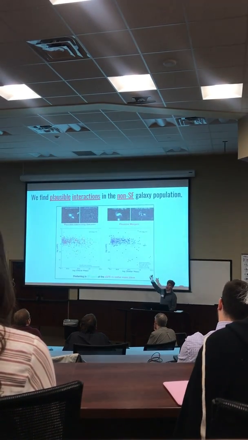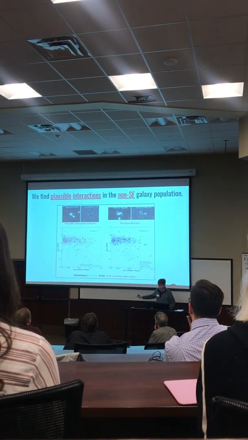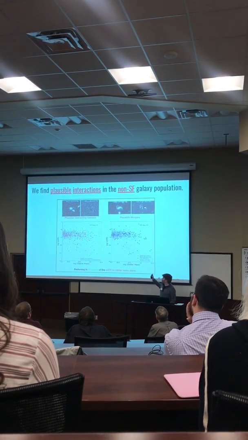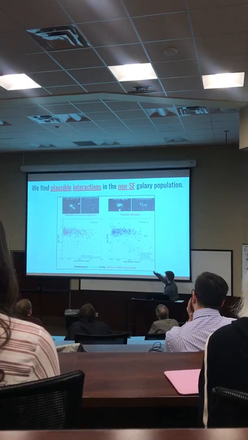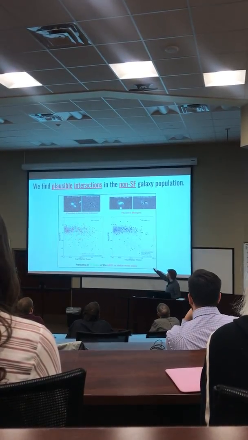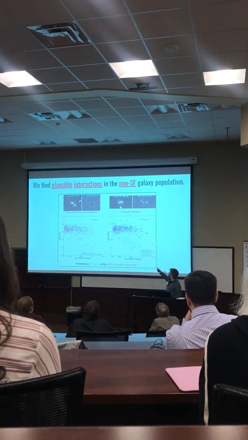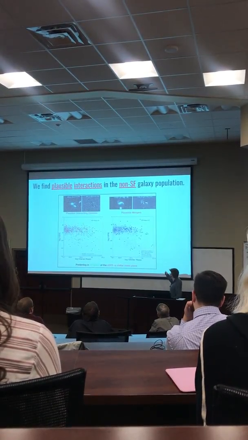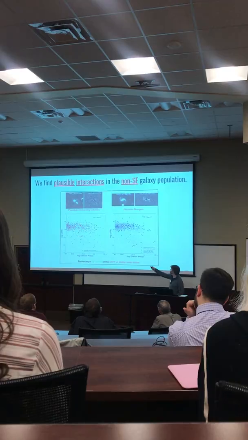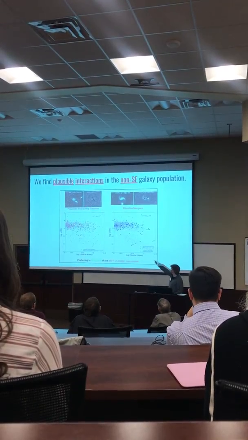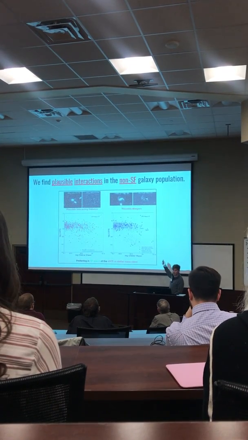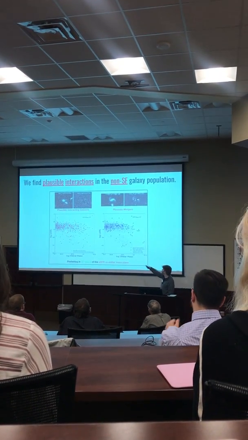We showed this plot at the AAS during a poster session, and a professor named Jillian Scudder came by and asked me about it. You can't read these, but these are plotting plausible mergers and interactions. On this plot, where larger stellar masses go this way and more star formation goes up, she asked why we have potential mergers and interactions going on in this quenched population.